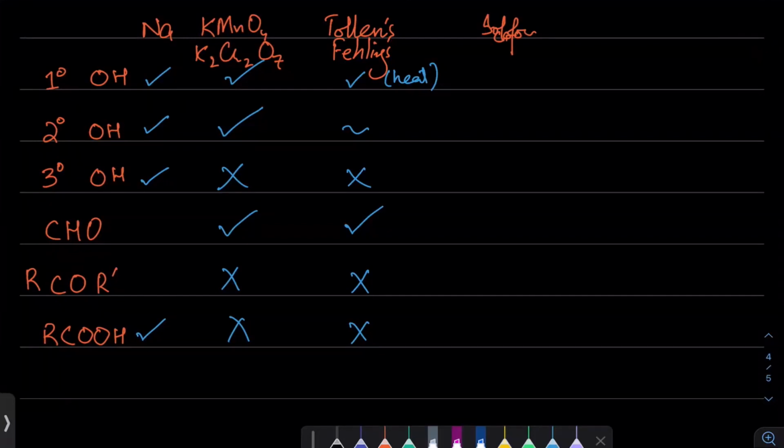No. Iodoform को मैं check कर सकता हूं for secondary alcohol, but only with the specific secondary alcohol. जिस secondary alcohol में CHOH होगा with CH3, सिर्फ उस secondary alcohol को मैं इससे separate कर सकता हूं. किसी और secondary alcohol को इससे check नहीं कर सकता.